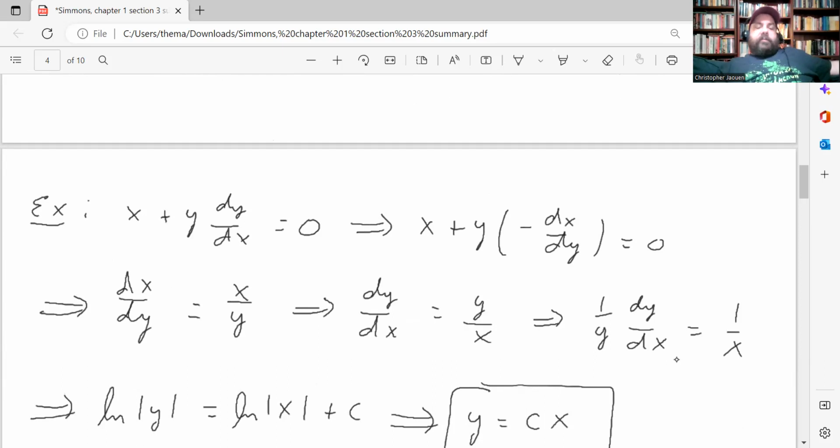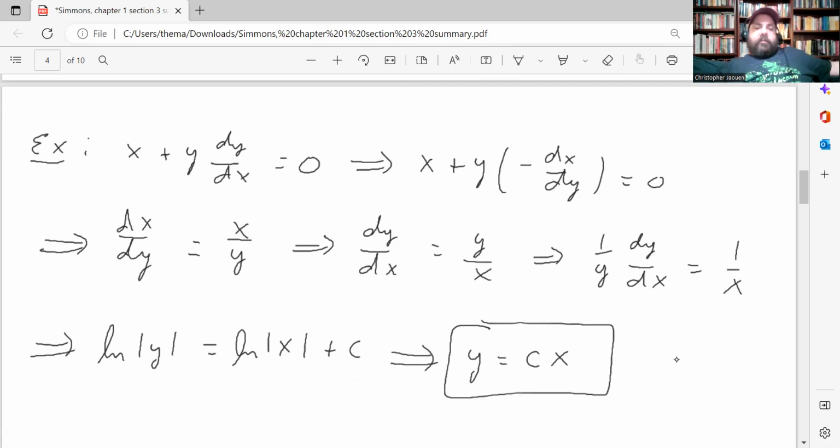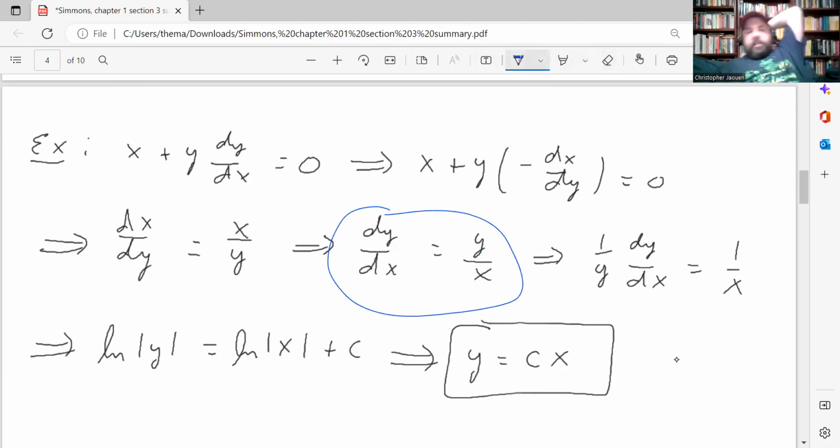So going back to that differential equation for those circles that were centered at the origin with radius square root c. So here we get x plus y dy/dx equals 0. If we replace dy/dx by negative dx/dy, and then solve that equation for dy/dx, we get this differential equation here. Whoops. dy/dx equals y over x. This is a separable differential equation.